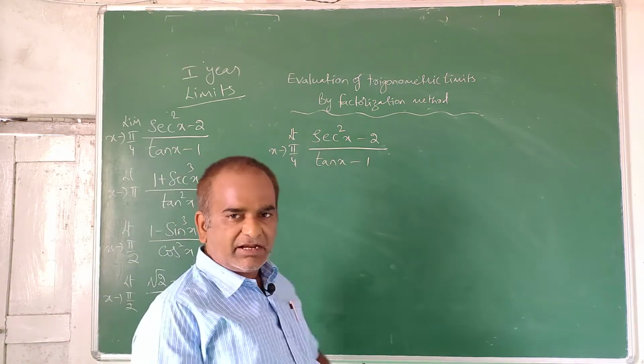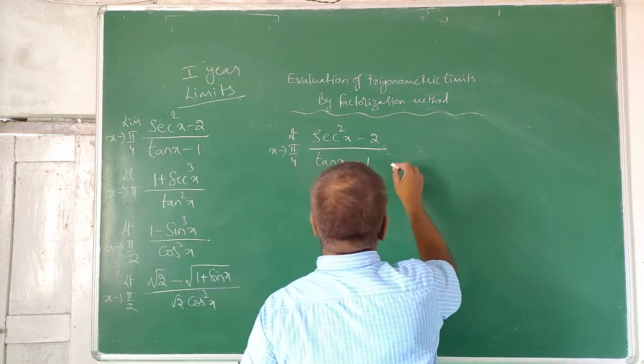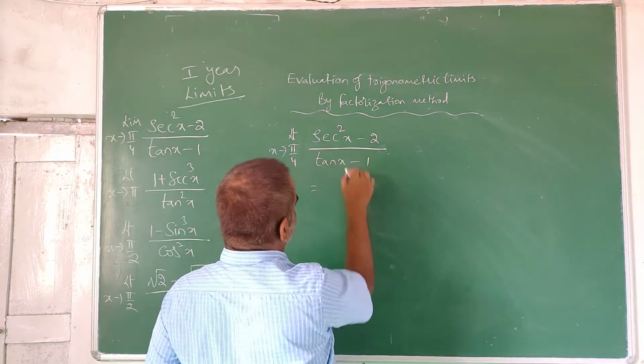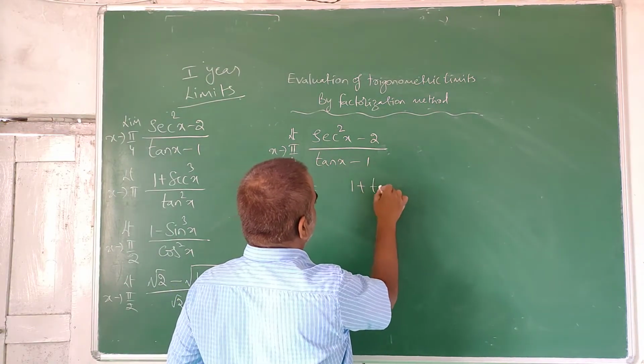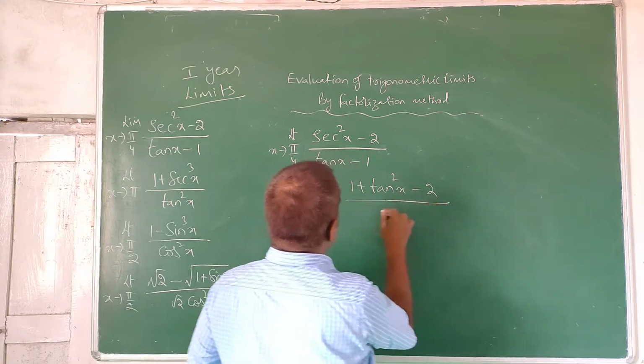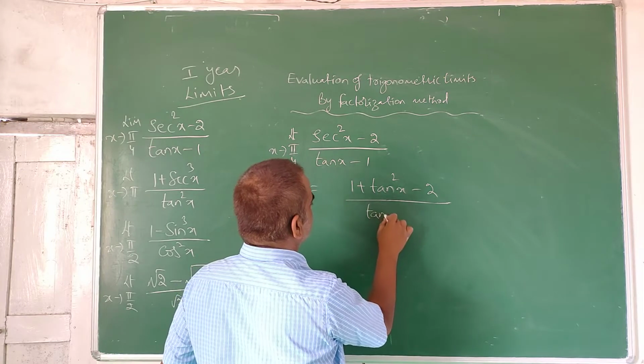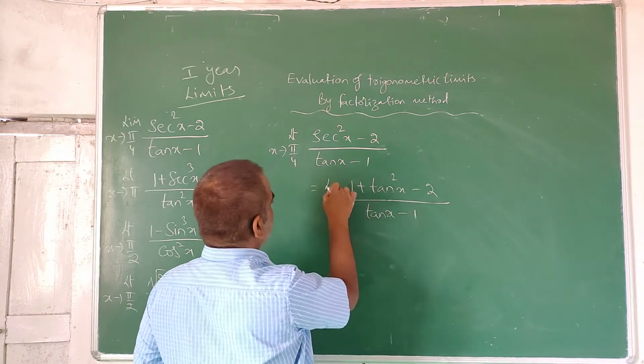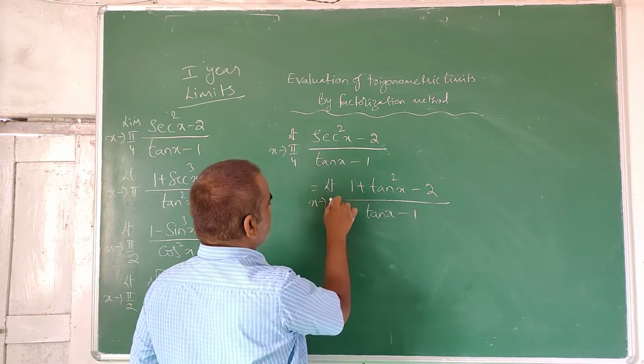This is the question. Now from trigonometry everyone is aware that secant squared x is 1 plus tan squared x. So (1 plus tan squared x minus 2) by (tan x minus 1) as limit x tends to pi by 4.